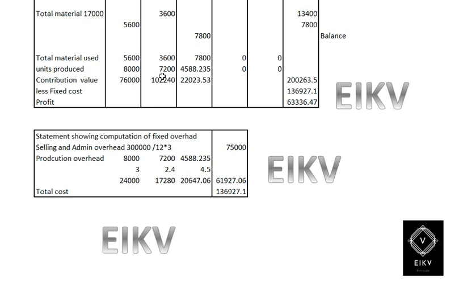Therefore, the units produced will be 8,000, 7,200 and 4,588. So the units produced are the optimum mix. When we multiply units produced with the contribution per unit, we will get the total contribution, and after that you can subtract the fixed cost and you'll get the profit.